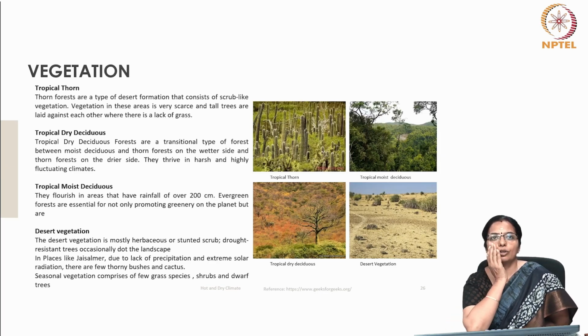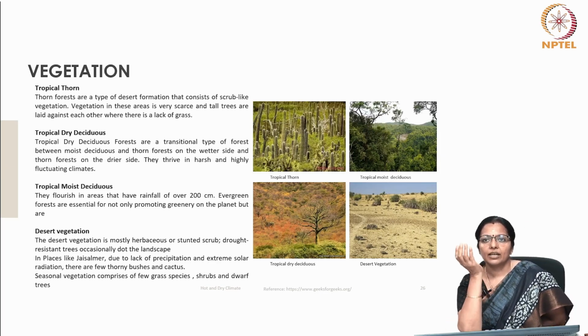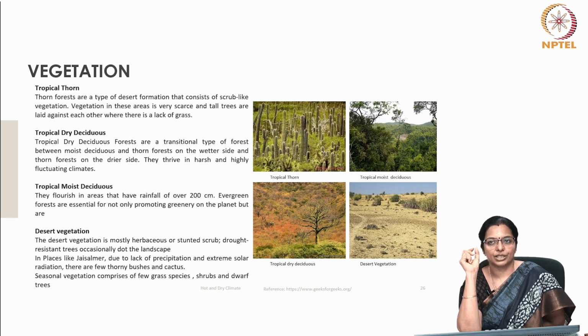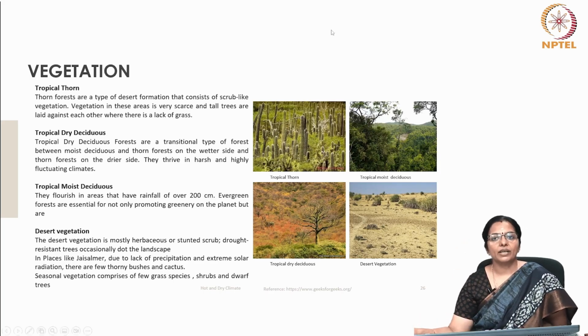Tropical thorn forests are a type of desert formation that consists of scrub-like vegetation. Vegetation in these areas is very scarce, and the trees are sparse where there is a lack of grass.